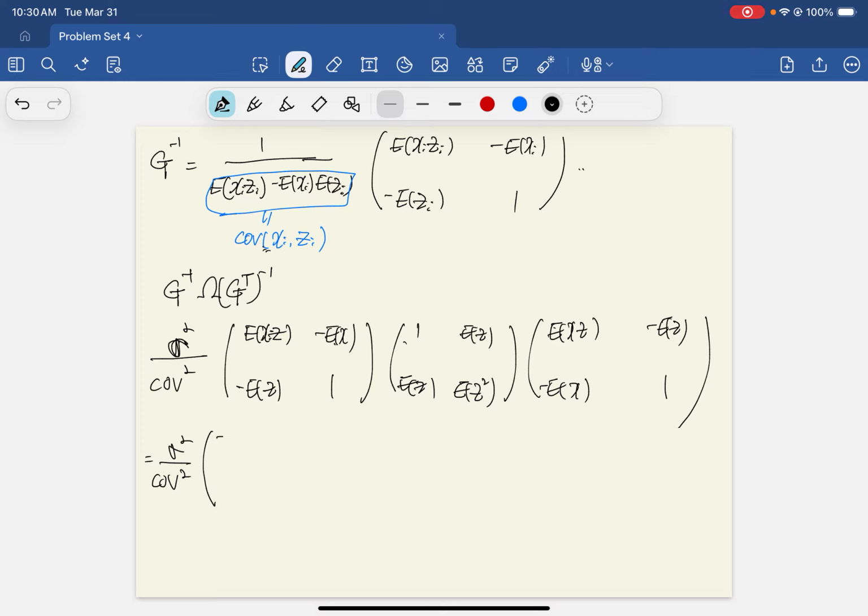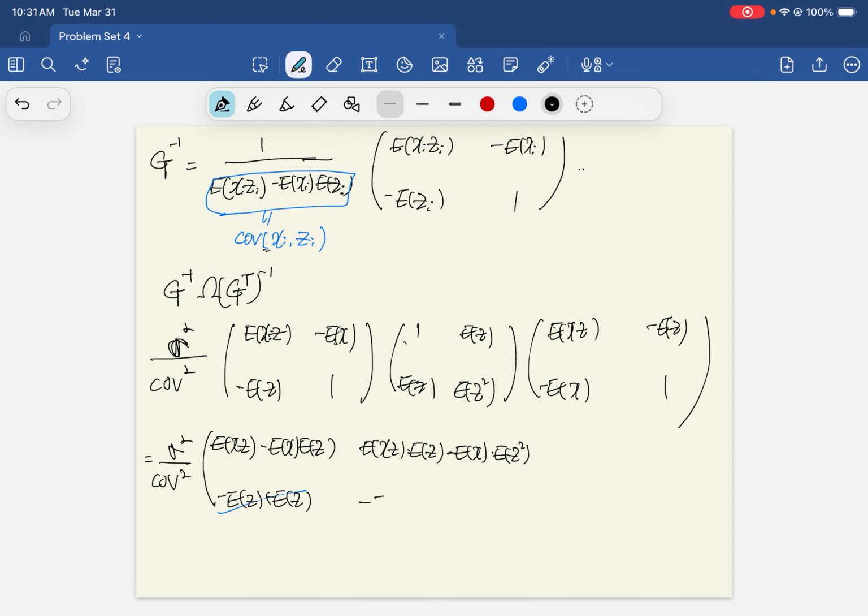Multiply like that. Expectation x z minus expectation x expectation z is covariance, and expectation x z times expectation z minus expectation x times expectation z squared. Here minus expectation z plus expectation z, so it will be cancelled out. Pretty interesting. And here minus expectation z squared plus expectation z squared. Expectation x z, minus expectation z, minus expectation x, 1, right?